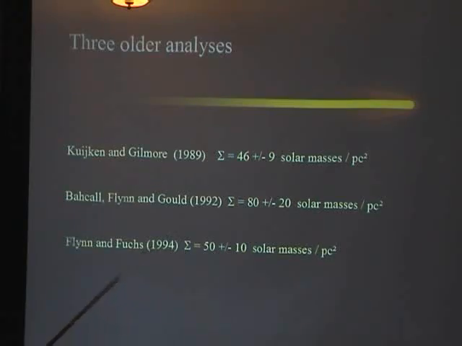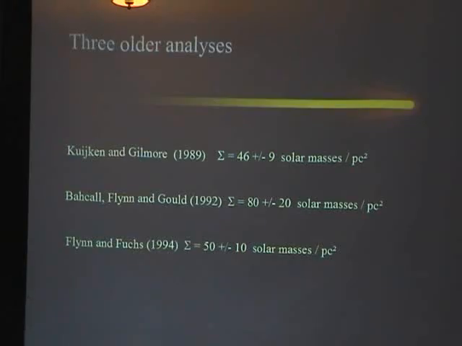So what one's measuring is how many solar masses of material one sees in a square parsec of the disk, integrating all the way up and all the way down. And the numbers that were coming through were from about 50 to about 80 solar masses. Now this is not yet good enough to calculate the orbit of the Sun with any accuracy.